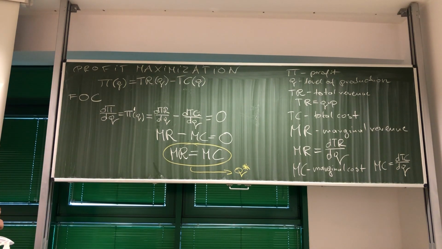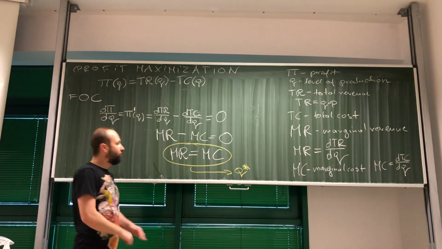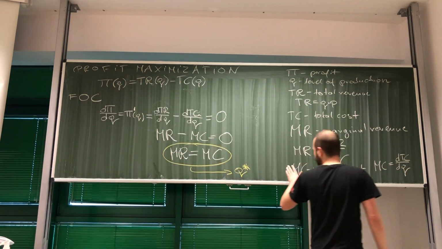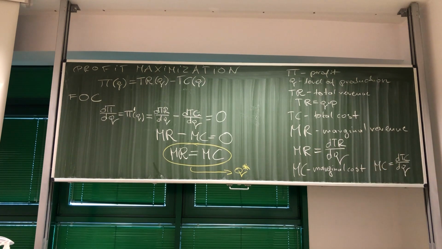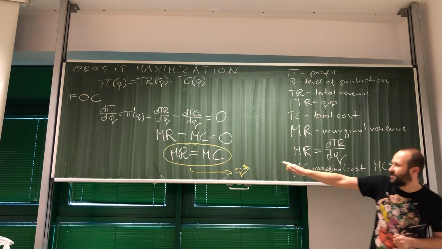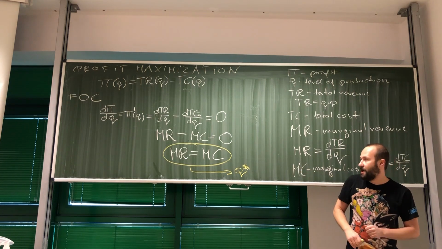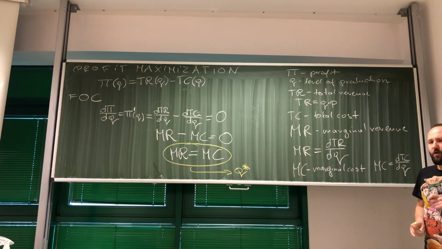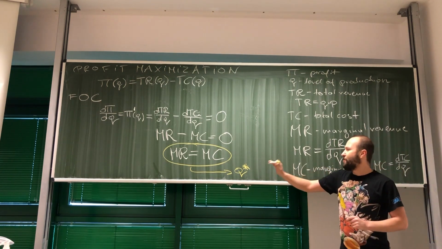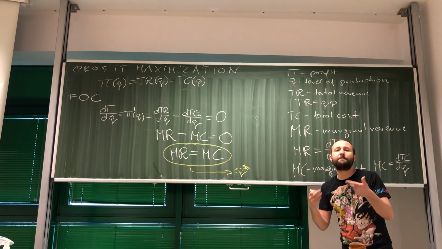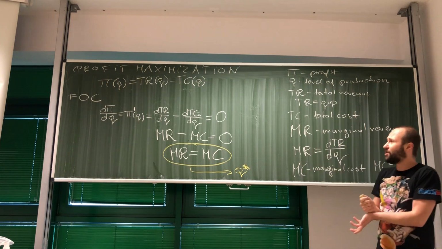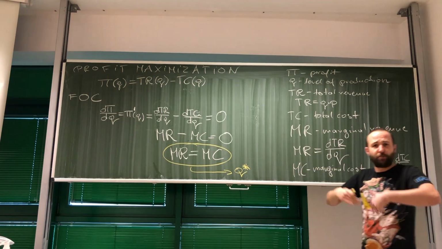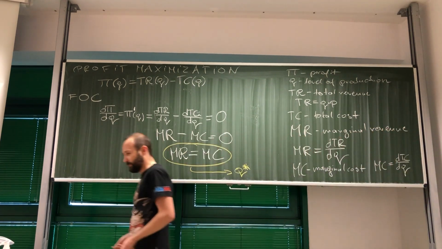If the function is complicated enough, we might get more than one level of production that satisfies this condition. And look, at this moment, we do not actually know whether this is maximum profit or maybe a minimum profit, because the same first order condition holds for both maximum and minimum.